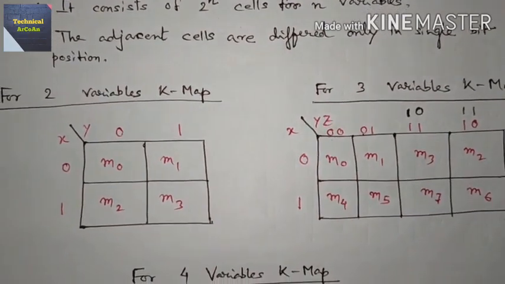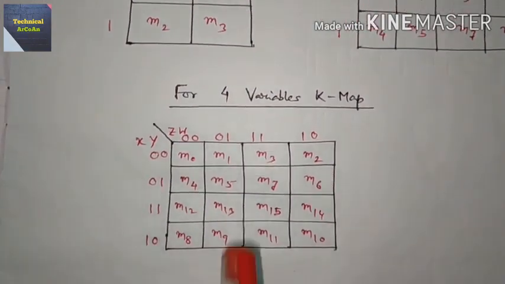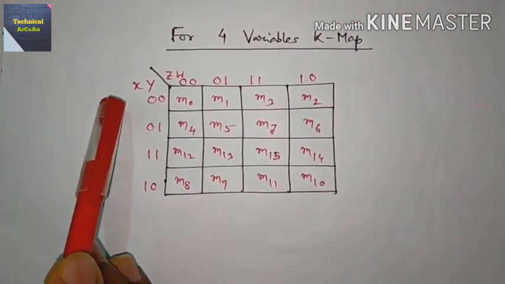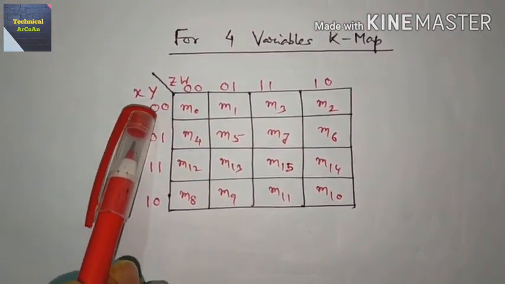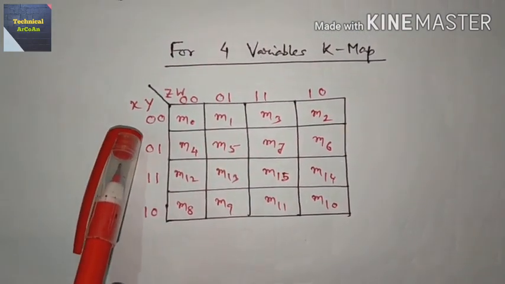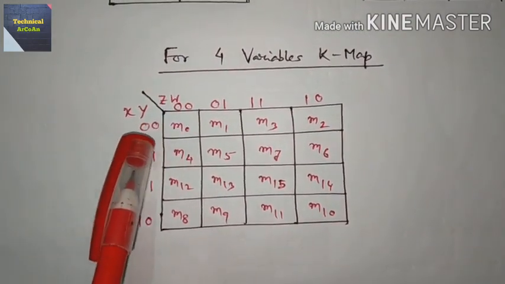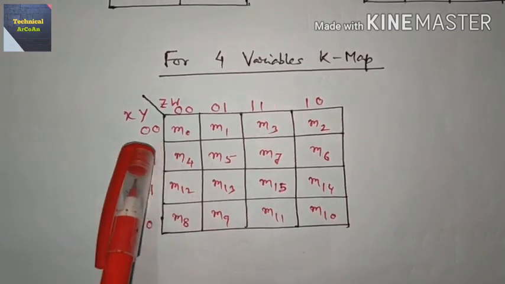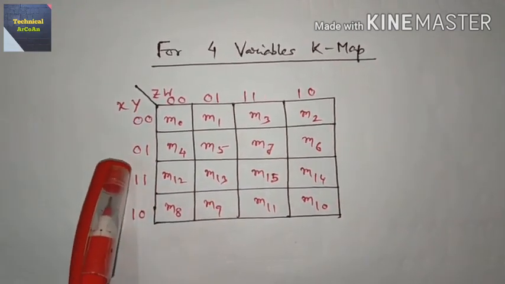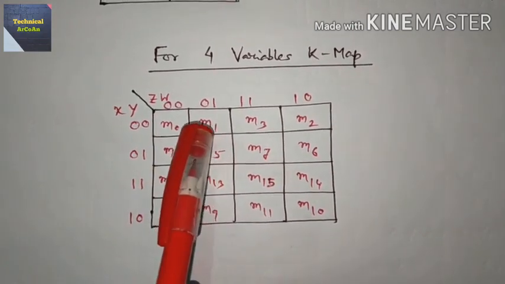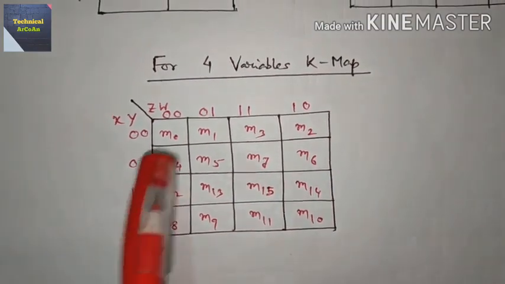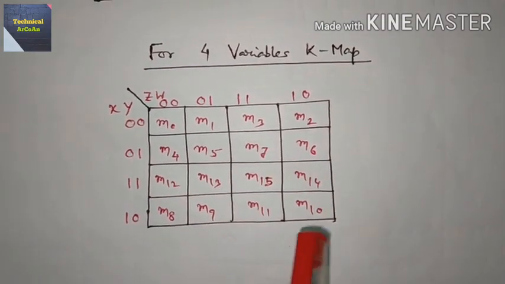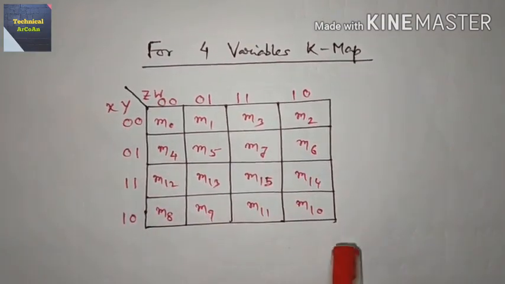In the same manner, for the 4 variable Karnaugh Map, if the variables are x, y, z, w, what are the combinations? 0 0 0 0, 0 0 0 1, 0 0 1 1, 0 0 1 0. In that way 0 1 0 0, 0 1 0 1, and the rest of the cells are numbered in that way. So there are 16 cells.